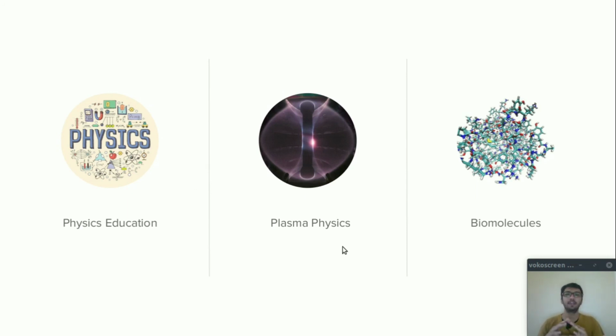As I said, we can use the Boris algorithm for plasma physics, and personally I have used this Boris algorithm for my final year project. The next is to simulate biomolecules, to study solid state physics, medicines, and that kind of thing you can do with molecular dynamics.